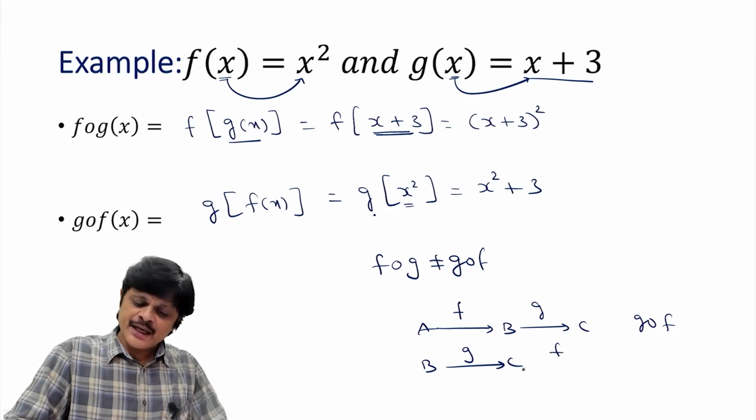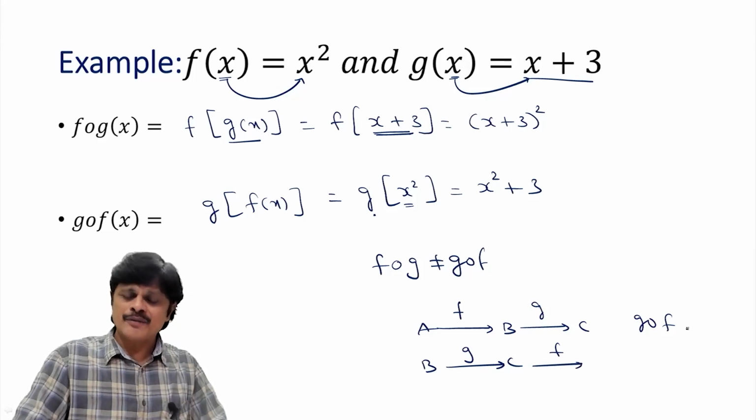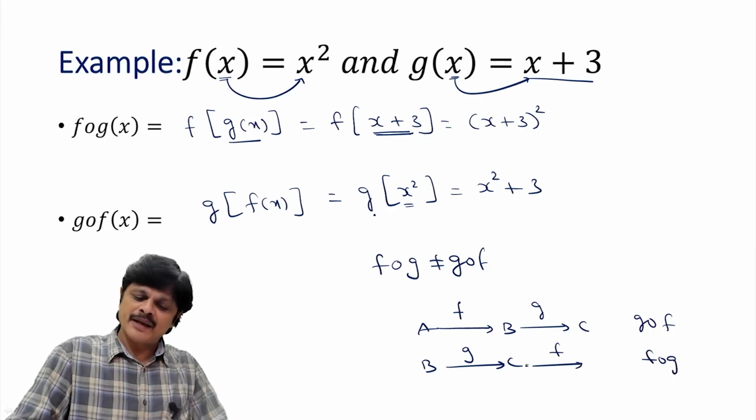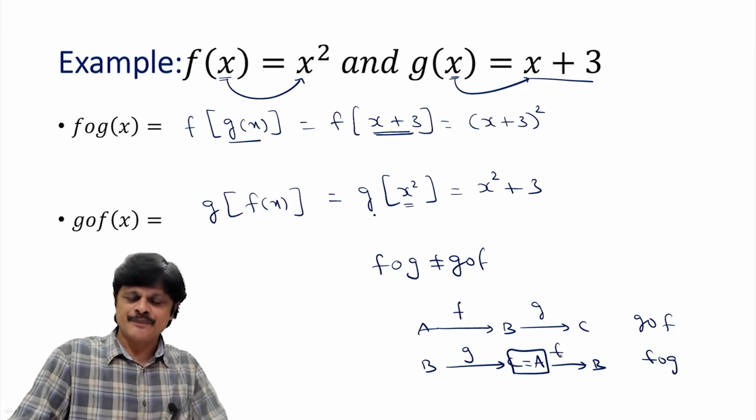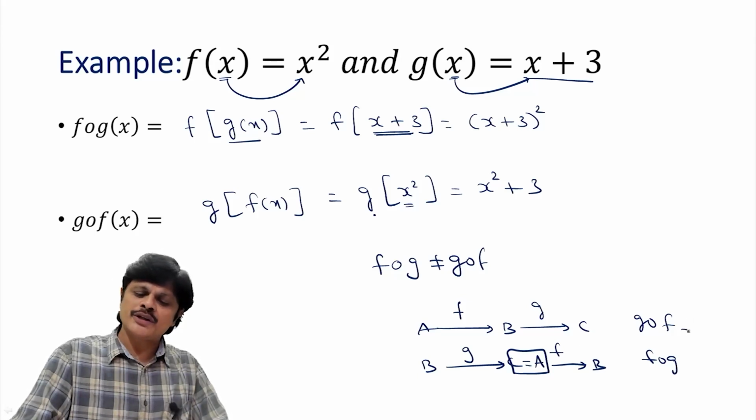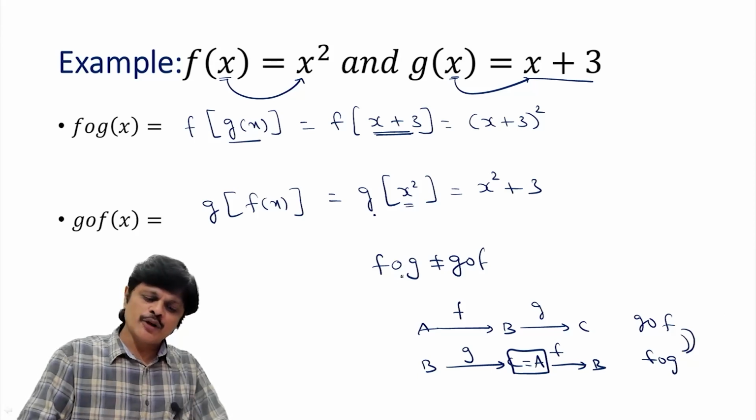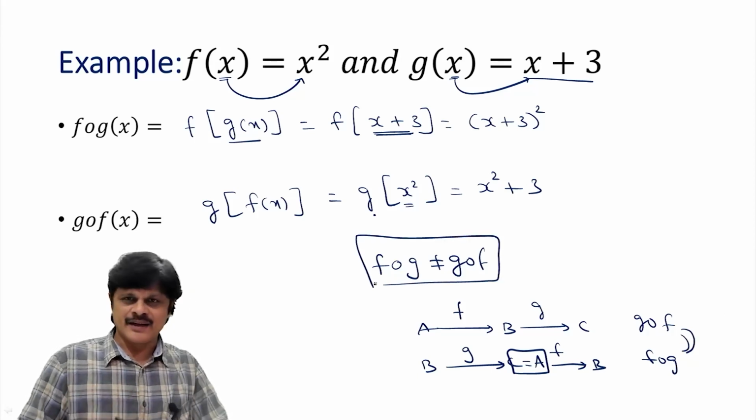So if this c goes somewhere, then we can have f circle g mapping. So this mapping is possible when c is equal to a, then only it is like this. That is, f circle g is possible when c is equal to a. So we need to understand that both need not be defined. Even if both are defined, they need not be equal.